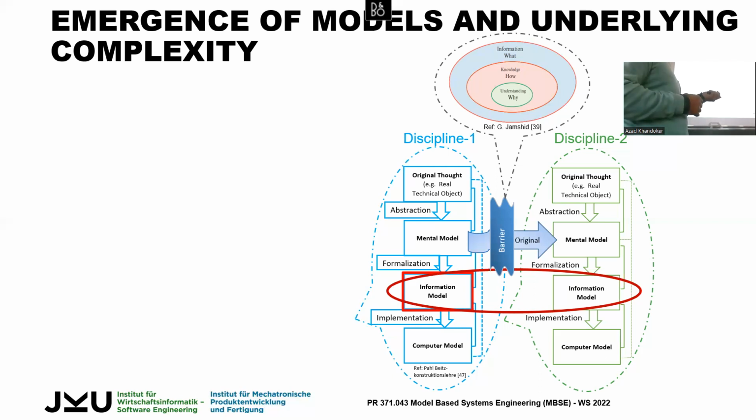This whole thing is from Paul Byte's books, a German book. I think in 2003 they published this book. So why do we need a model, and where is the complexity? I think it gives some sort of overview.